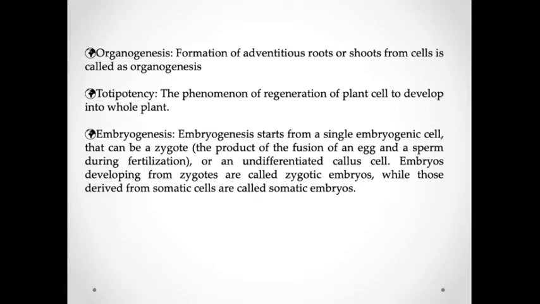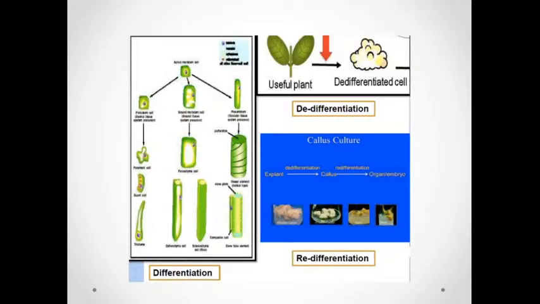Both of them could go for embryogenesis. So embryos developing from zygotes are called zygotic embryos, while those developed from cells other than zygotic cells, that is somatic cells, are called somatic embryos. So hence we have somatic embryogenesis and zygotic embryogenesis.